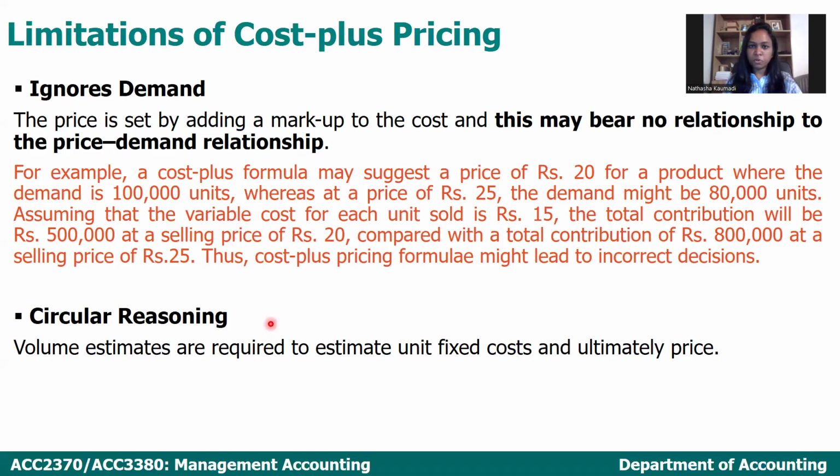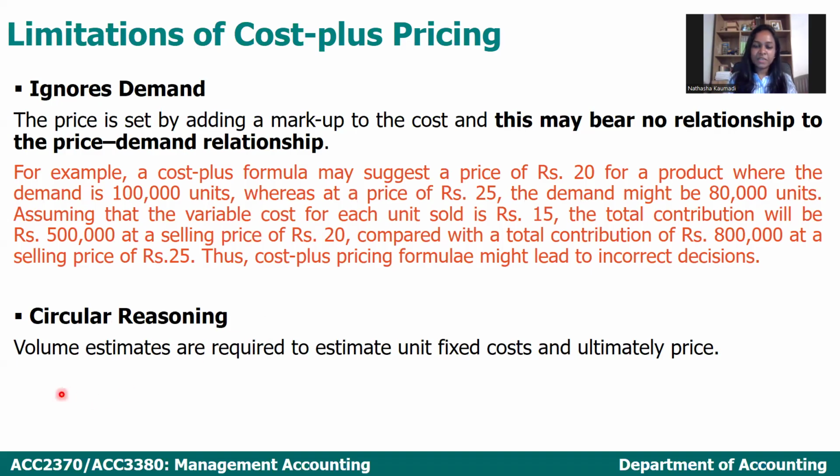I need to take the full fixed cost and the number of units estimated. I will have to estimate the number of units and divide the fixed cost to get the unit fixed cost. If not, I can't decide the full cost of the product, right? Variable cost I can take directly, but for unit fixed cost I will have to estimate the demand anyway.